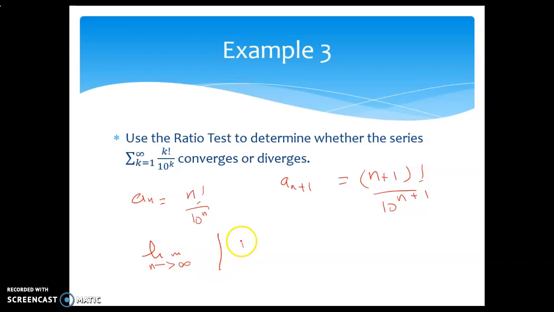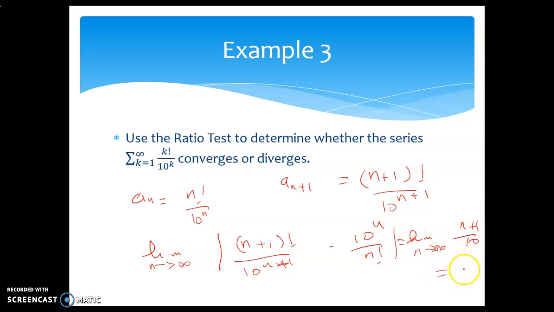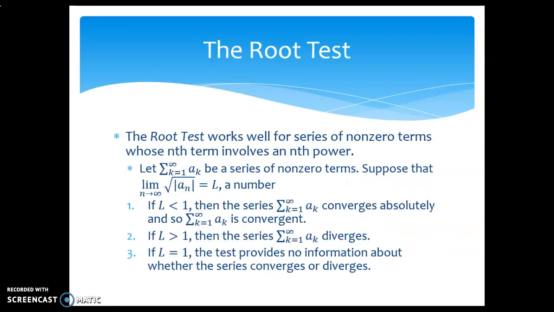We are going to get n plus 1 factorial divided by 10 raised to the power of n plus 1 times 10 raised to the power of n over n factorial, and the limit of that would be the limit as n goes to infinity of n plus 1 over 10, and that should be equal to infinity. So then this one here diverges.